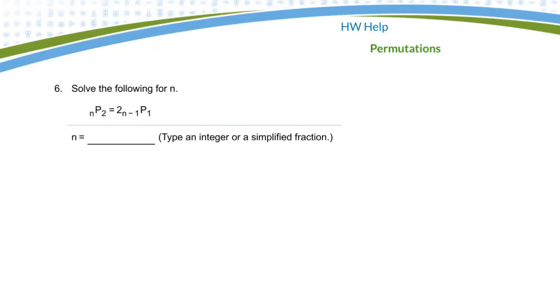Okay. Last question. This one is a little dandy one. It just makes you work with this formula that nPr is n factorial over n minus r factorial. So if I want to simplify that, let's just plug these things in, the n and the 2, wherever I see an n and an r.